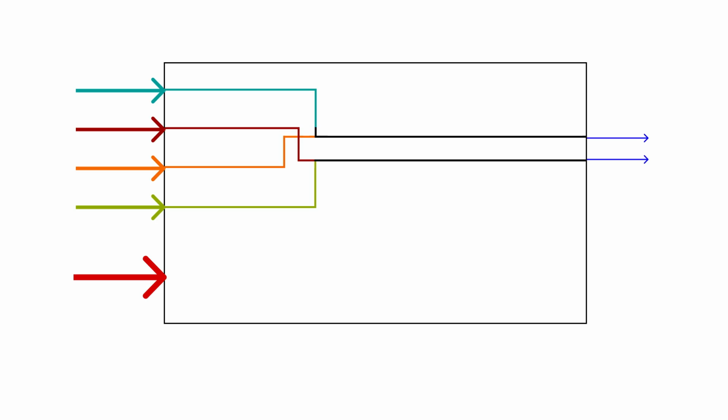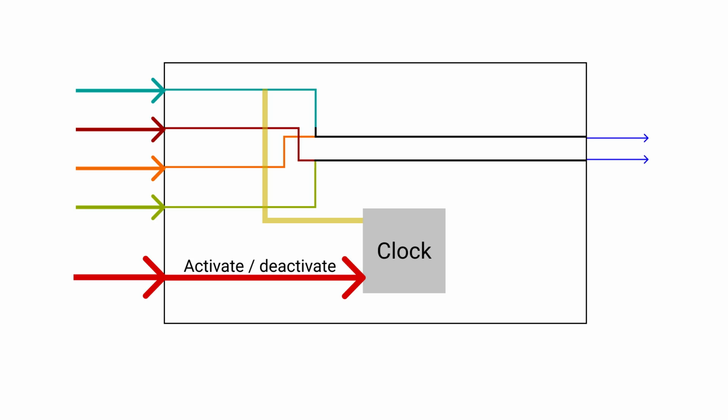So for this, we'll use a clock which outputs a control line. And this control line will be on one state, and then on another state, and then on the first state, and then on another state. And on each state, it allows either the blue and orange, or the brown and green.